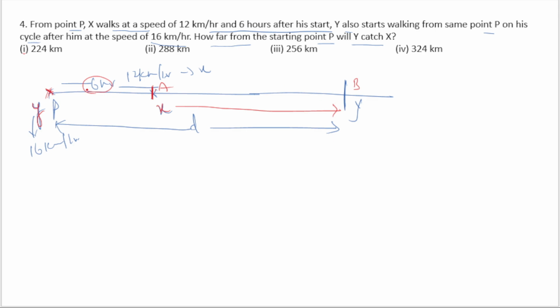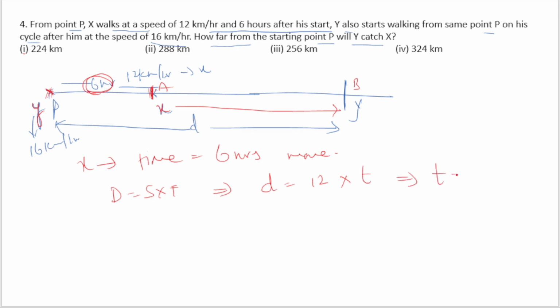But here X took 6 hours more to travel from P to A. So in the case of X, the time taken is 6 hours more than Y. And the distance traveled is D. So distance is equal to speed into time. In case of X, D is equal to speed 12 kilometers per hour into time T. So time is equal to distance divided by 12.